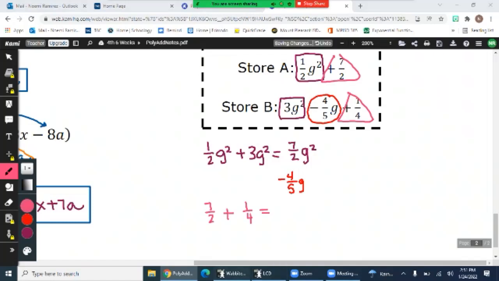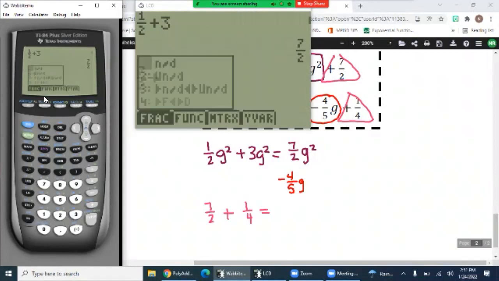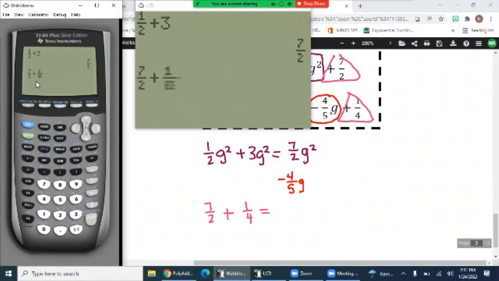And I'm not gonna let it get to me once again because I have a calculator. Let the calculator do the work. You should be able to do this in your head. Some people still can, from 5th or 6th grade. You get 15/4.